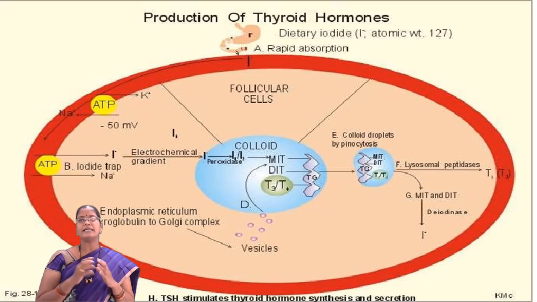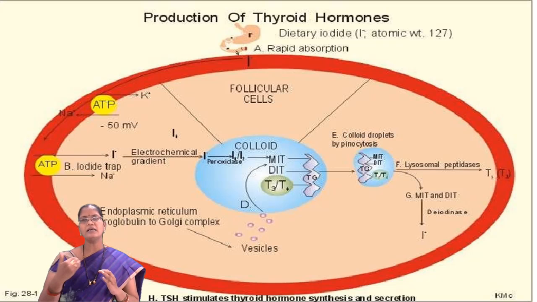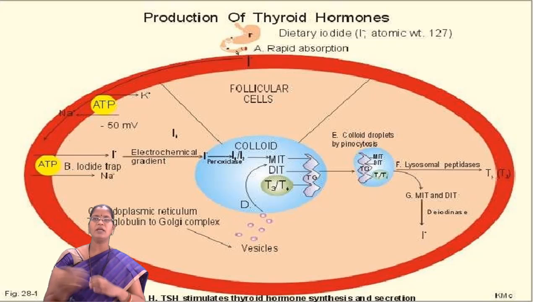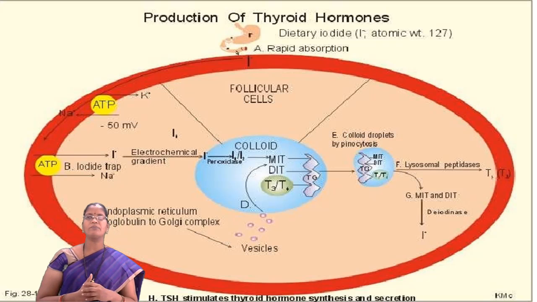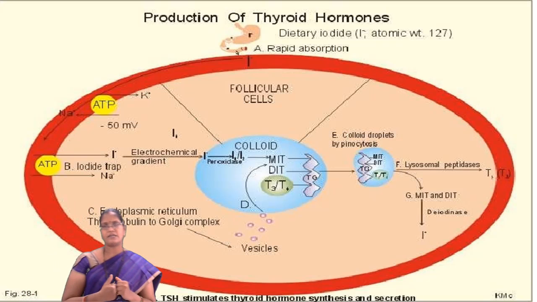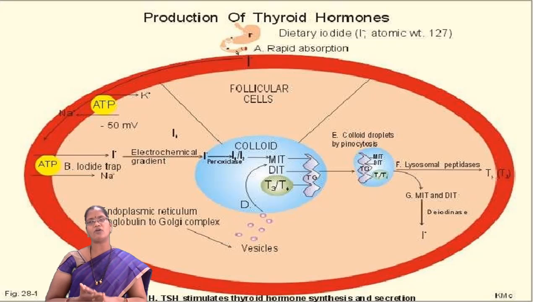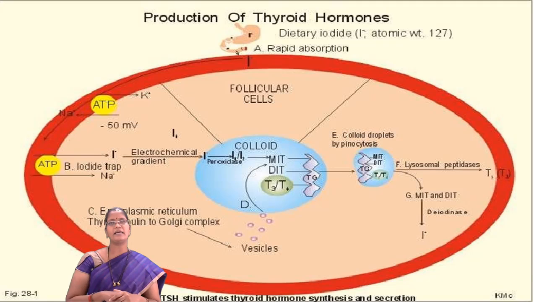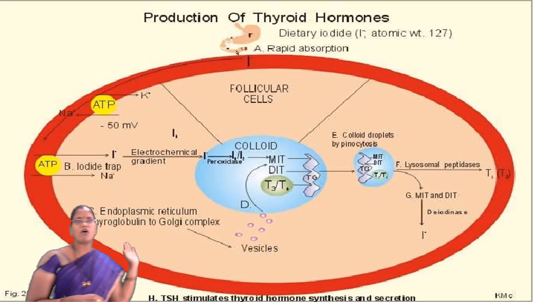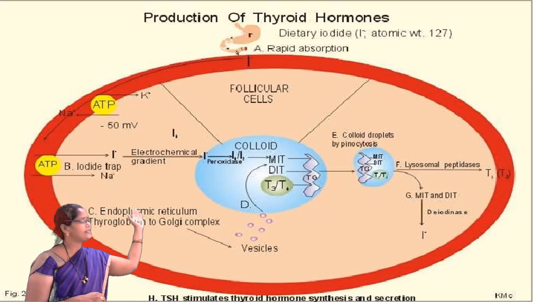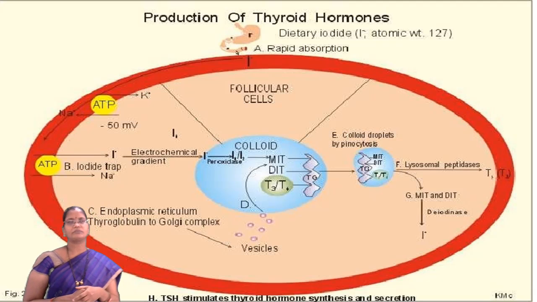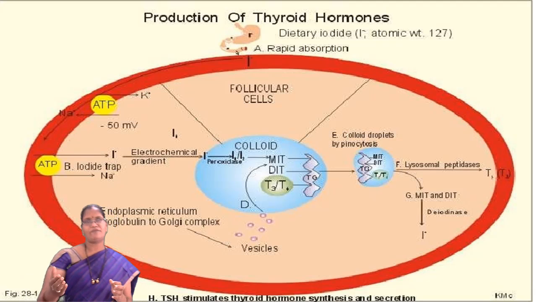T3 and T4 hormones are released into the blood, and MIT and DIT, by the action of the deiodinase enzyme, release free tyrosine molecules and iodine minus, and this iodine minus will recirculate in the cycle. So this is the overall process occurring during the production of T3 and T4 hormones.